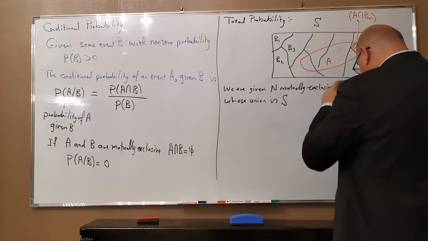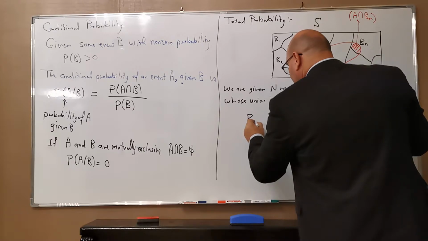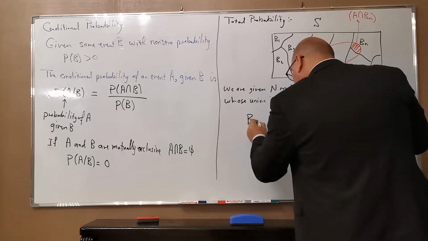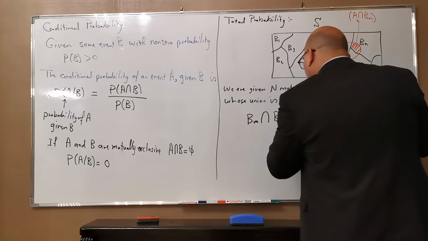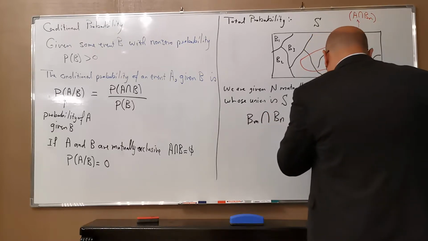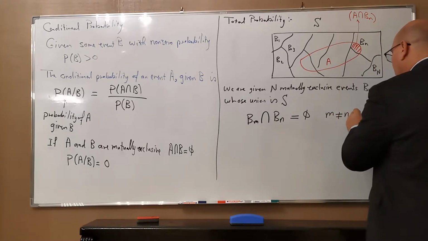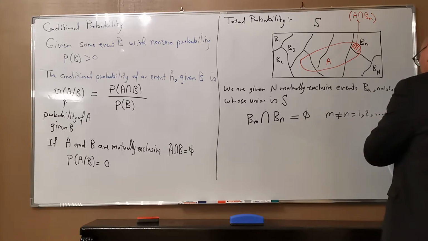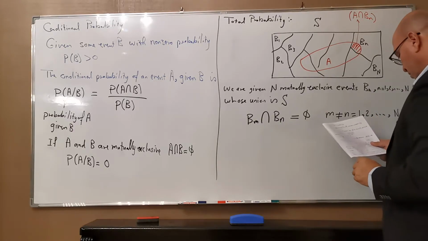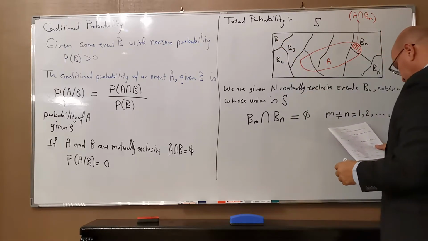and they are mutually exclusive, which can be put in mathematics as B sub m intersection with B sub n equals phi, given that m not equal to n, from 1 up to capital N. So those events are mutually exclusive.